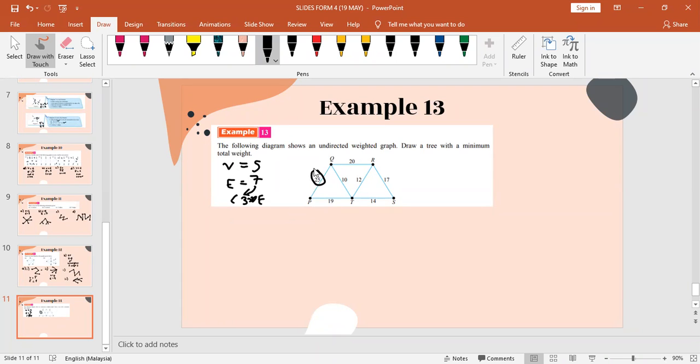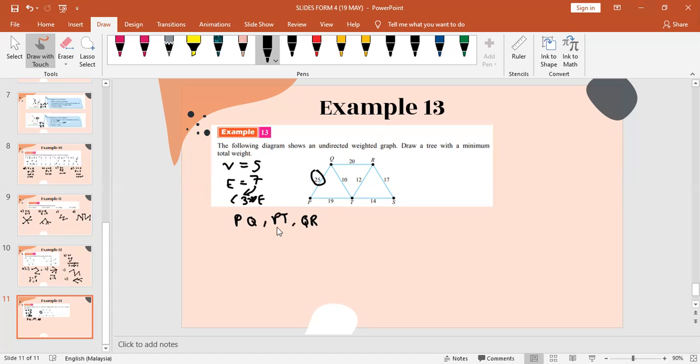So 3 edges with the highest weight is PQ. And then what else? PT. Yes, PT. And another one? QR. Yes, QR. Very good.